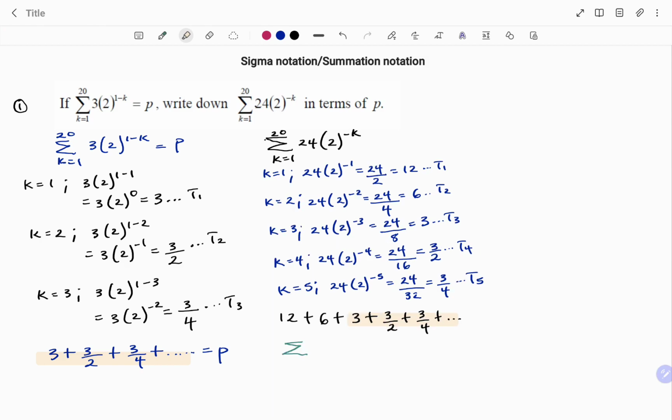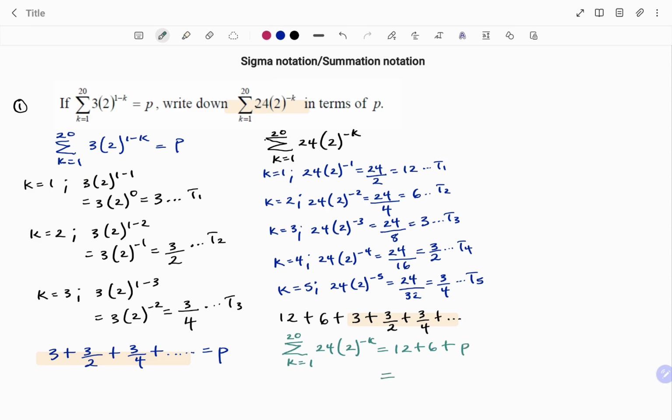So therefore, to write the summation of 24 multiplying 2 to the power of minus k from k equals 1 to 20, our upper limit, we have 24 multiplying 2 to the power of minus k is the same as 12 plus 6 plus, we're going to replace 3 plus 3 over 2 plus 3 over 4 and so on with p.